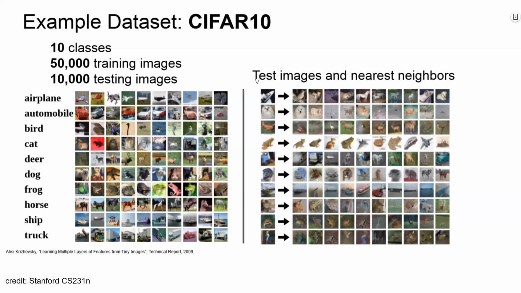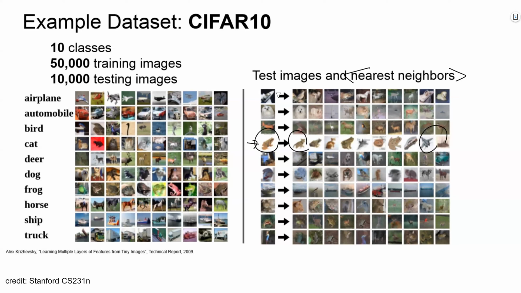Okay, and test images and nearest neighbors look like this. In the case of frog, the nearest neighbors contain cats or airplanes like this. So nearest neighbor's performance is not that good.